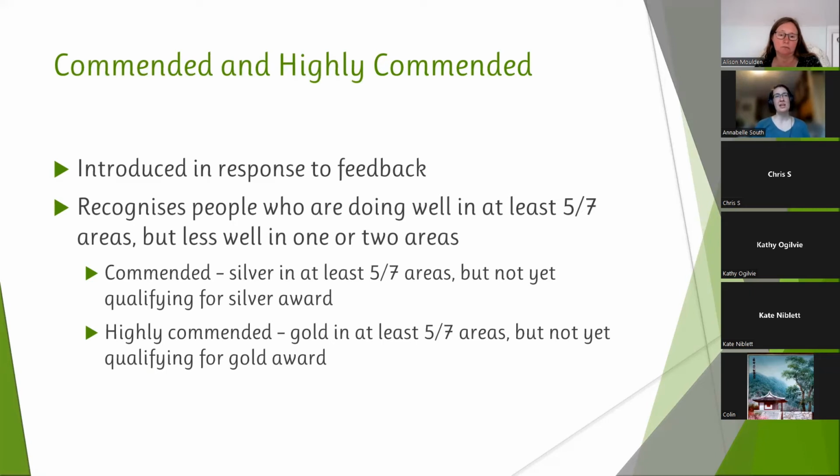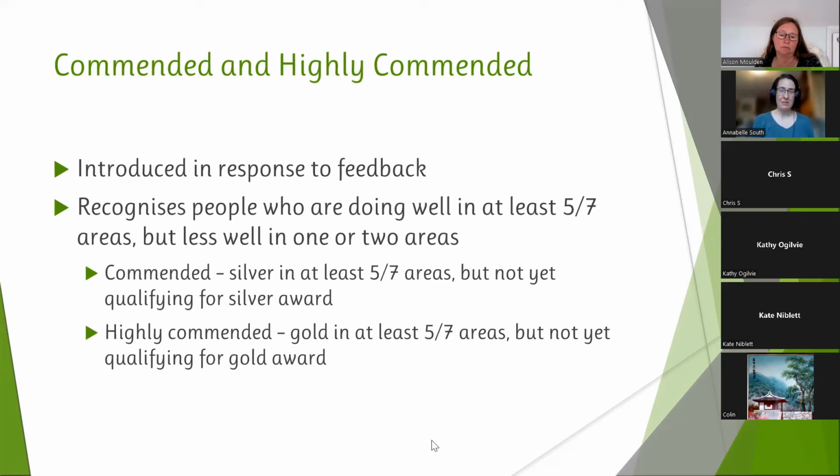So we've introduced commended and highly commended certificates. To qualify for a commended certificate, you need to be achieving silver level in at least 5 of the 7 areas, but not yet qualifying for a silver award overall. And for highly commended, you need to be reaching gold level in at least 5 of the 7 areas, but again, not yet qualifying for gold.